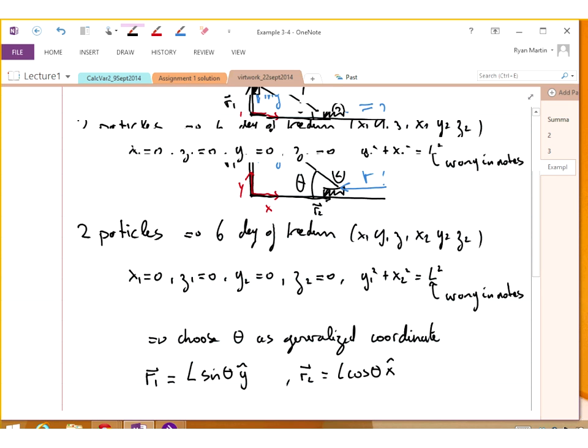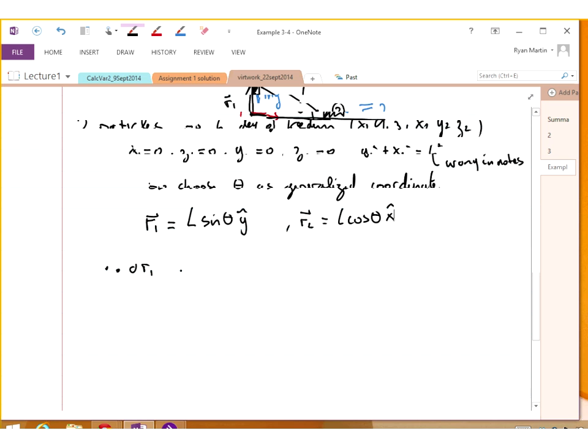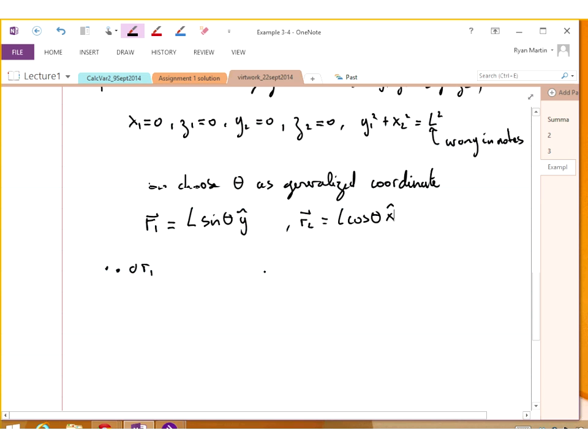So now we need delta R1 and delta R2. Delta R1 is going to be L cos theta delta theta y hat.